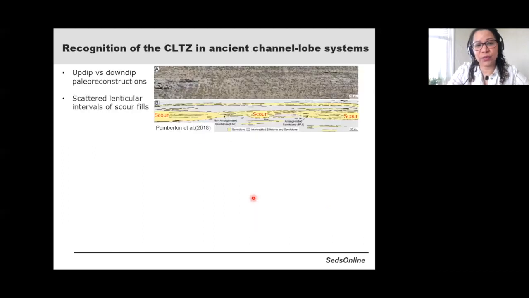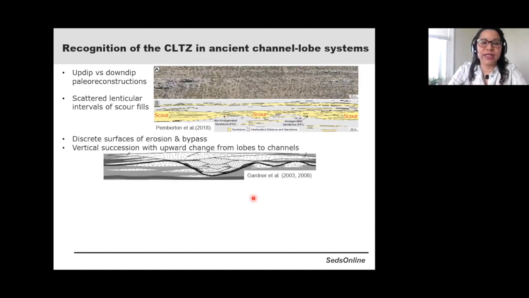That has been a little bit more challenging. If you have an outcrop that allows you to get a three-dimensional view and you can reconstruct what happened up dip in the slope and down dip in the basin, you should be able to recognize some indication of the CLTZ, especially if you find numerous scours concentrated in one place.